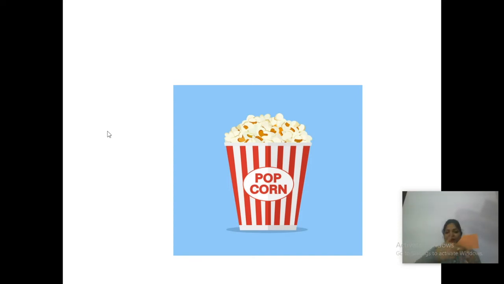In this tub you can see that this side and this side are parallel, and this side and this side are non-parallel sides, right students?